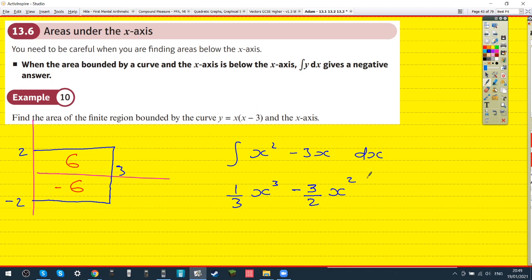Let's see. Where would that cut the x-axis? So that is going to look like that. And so between what and what are we integrating? Between 0 and... So you'd have to solve this one. So we solve x squared minus 3x as a quadratic.